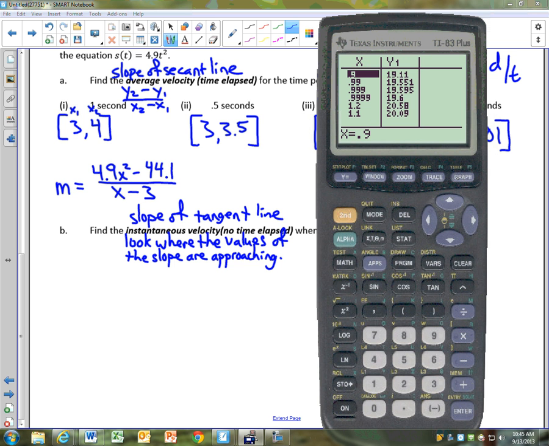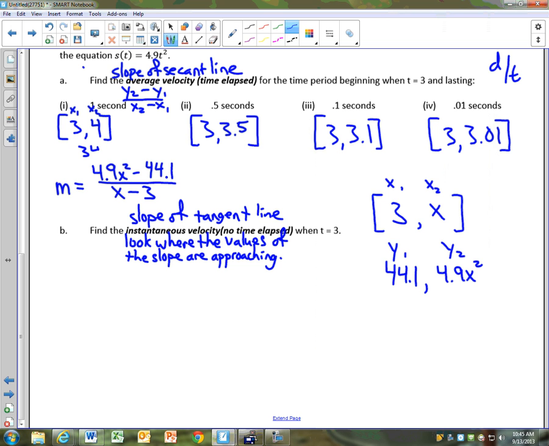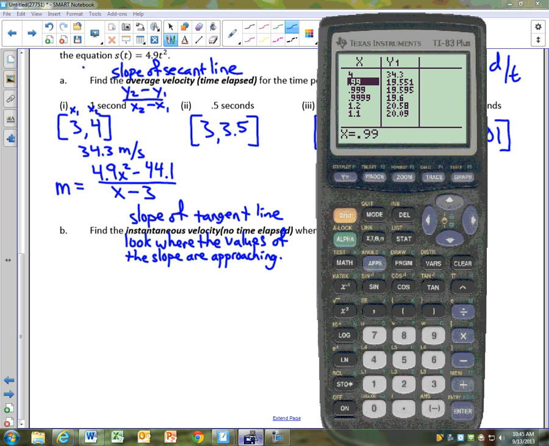What's our second x value? 4. So it looks like the velocity from 3 seconds to 4 seconds on average is 34.3 meters per second. 3.5 is my next one.